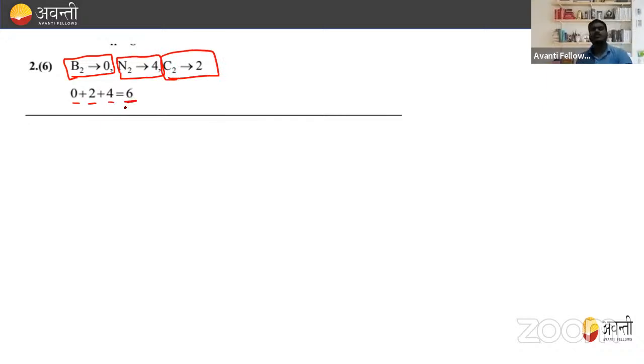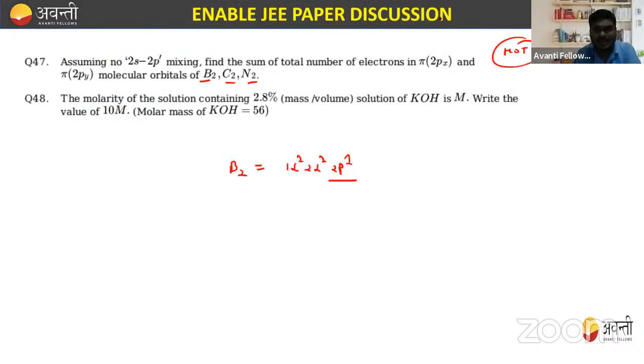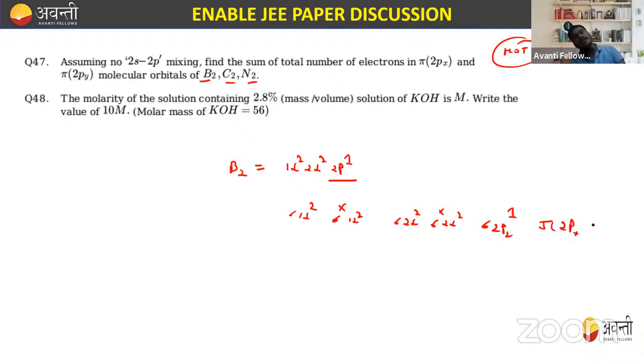Because we have to find the number of electrons only in the pi 2px and pi 2py molecular orbitals. In the case of boron, there is no electron in pi 2px and pi 2py, because the configuration is sigma 1s2, sigma star 1s2, sigma 2s2, sigma star 2s2, and sigma 2pz1. And there is no electron in pi 2px and pi 2py.